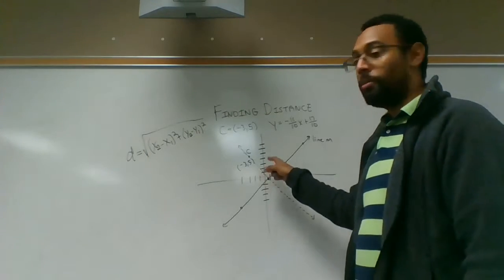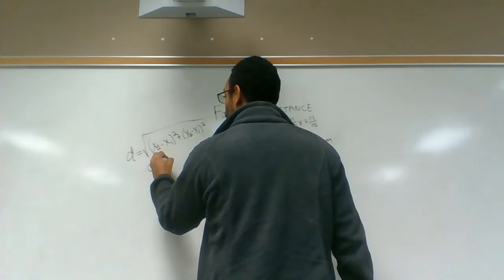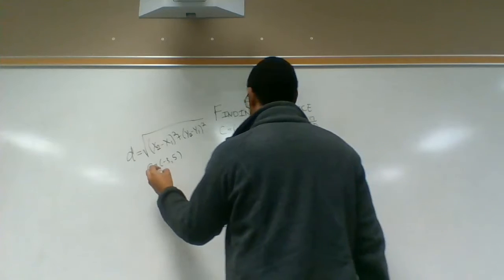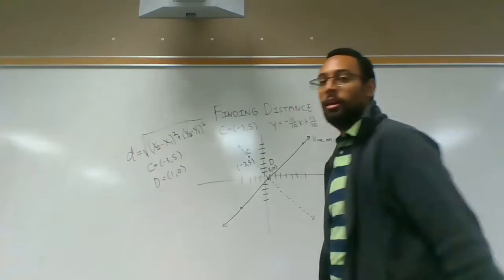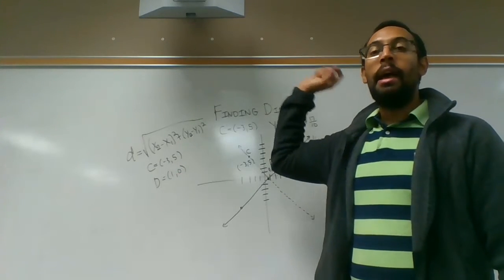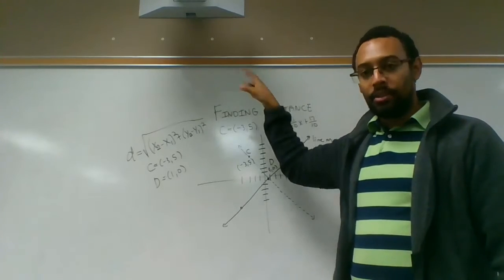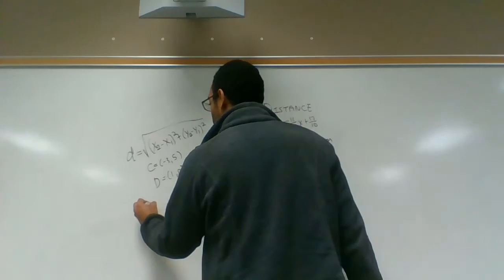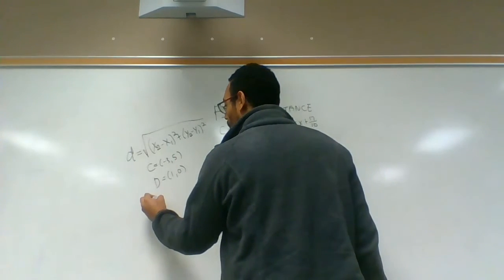Okay, so for the purposes of our example, C here was (-3, 5), and I'll label this point D. This is point D. So D is (1, 0). So I'm going to subtract the differences of my x's, square it, add it to the differences of my y's, square it, take the square root, and that is my distance. So here I'm going to have 1 minus -3 is 4.